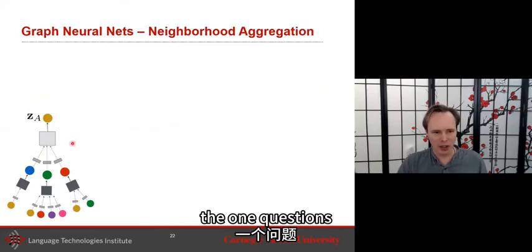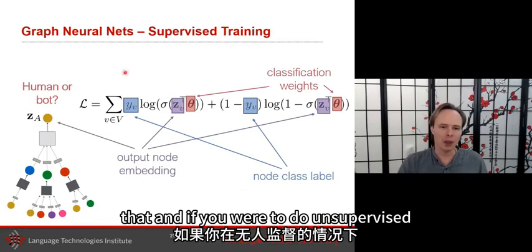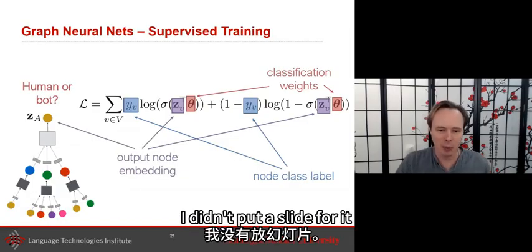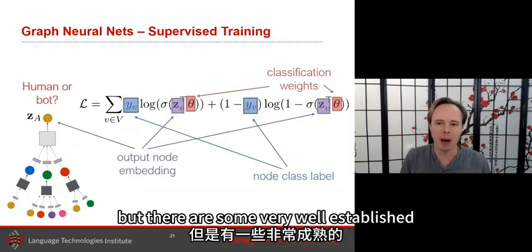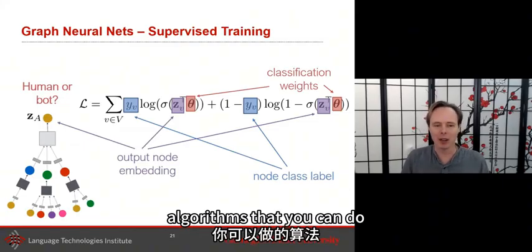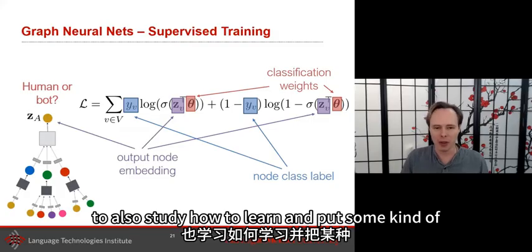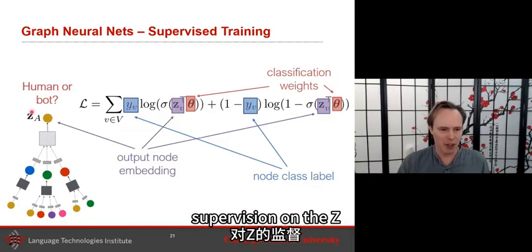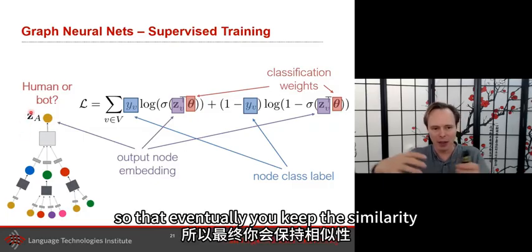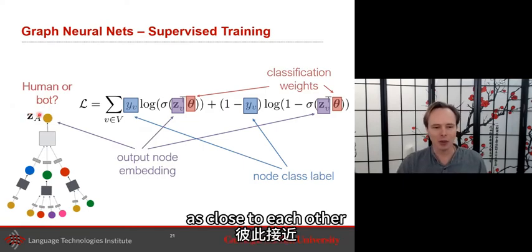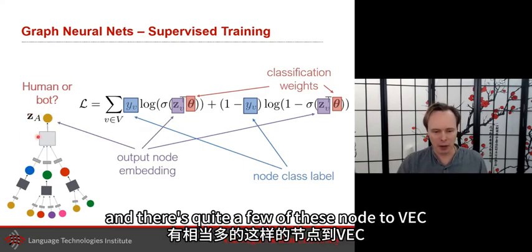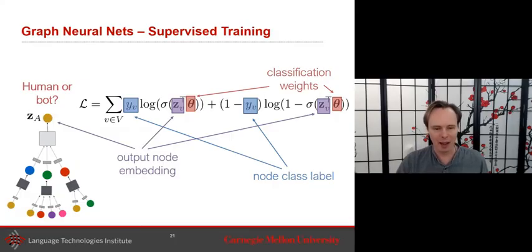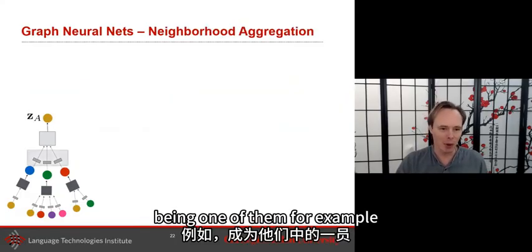If you were to do unsupervised, I didn't put a slide for it, but there are some very well established algorithms that you can use to learn and put some kind of supervision on the Z so that eventually you keep similar nodes close to each other. And there are quite a few of these, Node2Vec being one of them, for example.